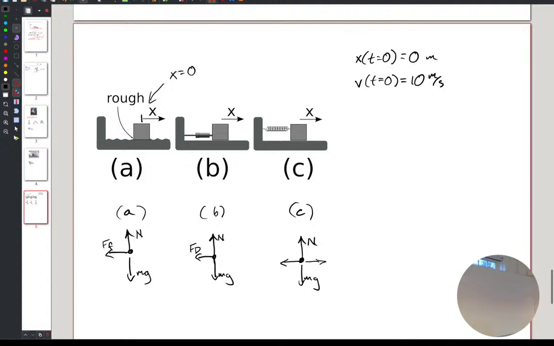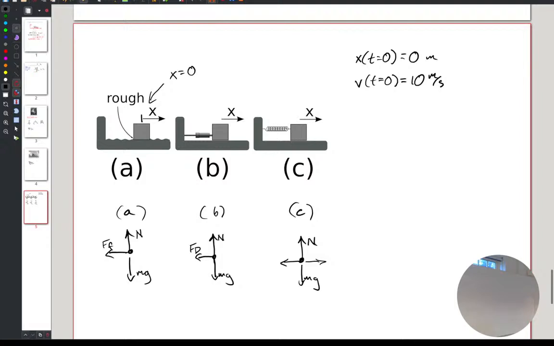When x is positive, is my force positive or negative? Which direction would it face? Here, when x is 0, there's no spring force. The spring is not applying any tension. But when I pull it to the right, what happens?